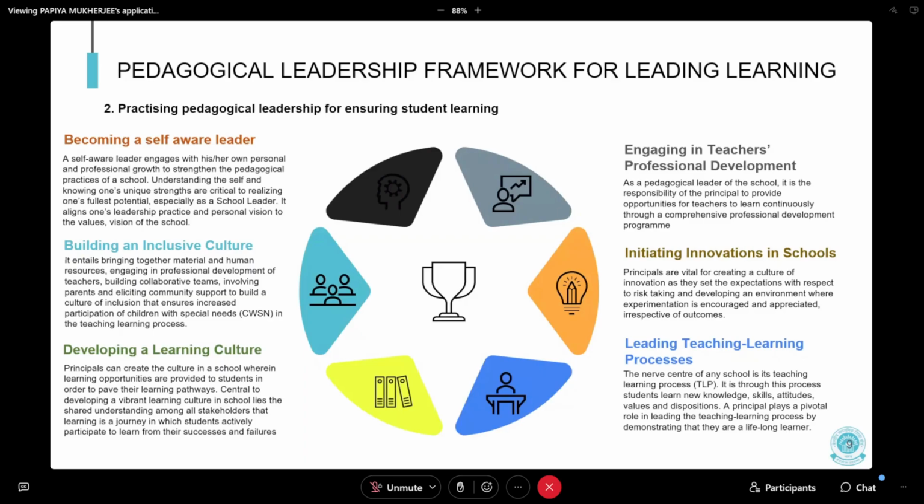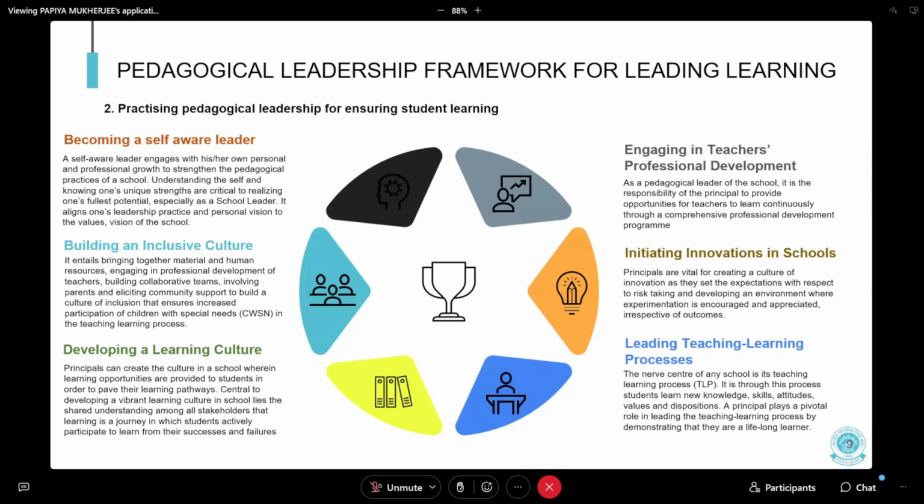You need to bring together the human resources and material resources, engage in professional development, build collaborative teams, involve parents, take community support, and do whatever accommodations are required to ensure increased participation of children with special needs in the teaching learning process.